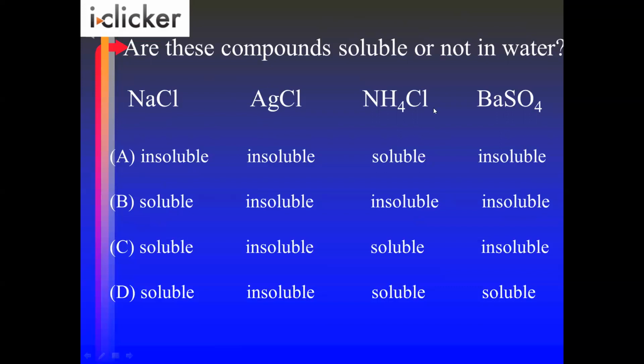Let's look at this one first. Ammonium always soluble. Okay, always, no exception. Now I look at here. Most of the highlighted are soluble, but there are 4 exceptions. The 4 exceptions include this one. So this tells us this one is insoluble. Yeah, so soluble, insoluble, soluble.